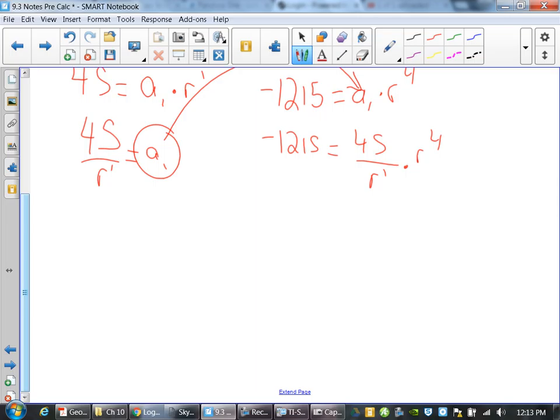That means you remembered something. What's r to the fourth over r to the first? R to the third. So I have negative 1215 is 45r cubed. And to solve for r, what do you do? Divide by 45 and take the cube root.